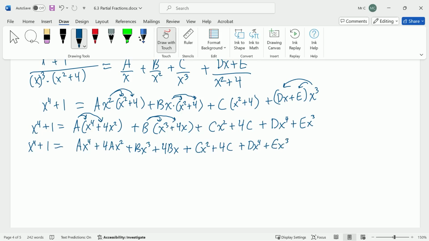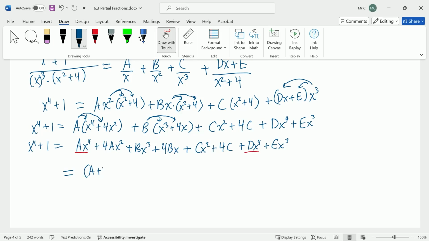Now what we're going to do is align all of our powers together. What do I mean? I mean, I'm going to look for all my fourth powered terms. We got a times x to the fourth. And over here we got d x to the fourth. And I'm going to factor the x to the fourth out of those.